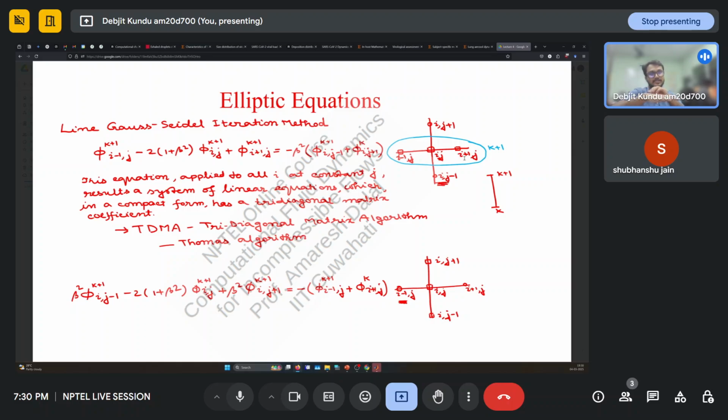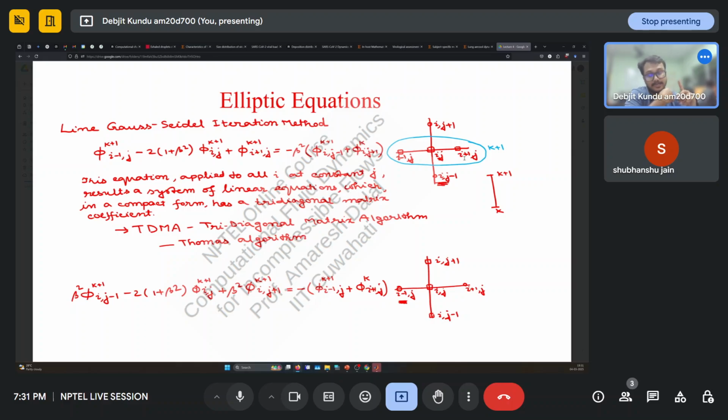For j equal to 1, it will go through all the points, 3 points each: 1, 2, 3, then 2, 3, 4, then 3, 4, 5. Then it will go to j equal to 2 and again go row by row, i equal to 1, 2, 3, then 2, 3, 4, then 3, 4, 5. That's what is called an X sweep. So you're going row by row.